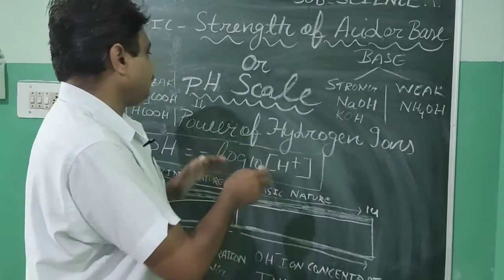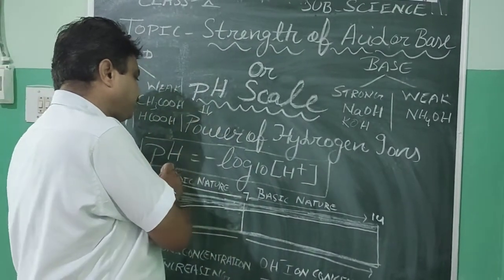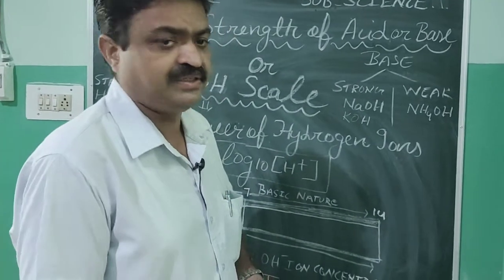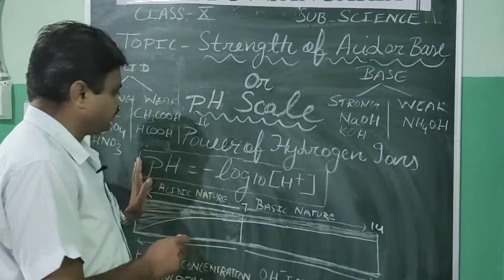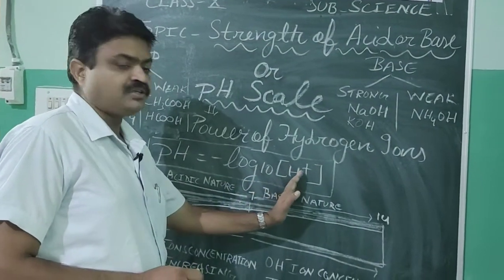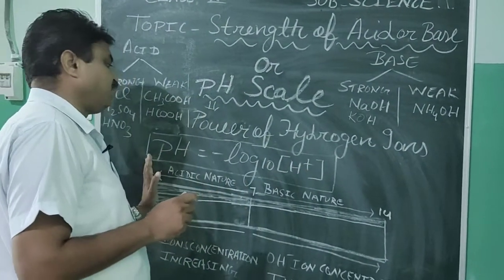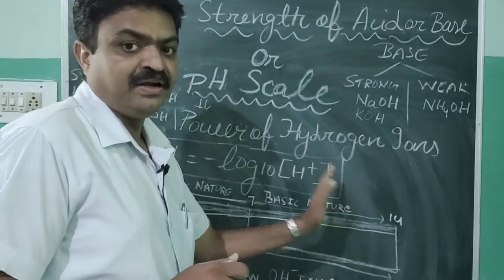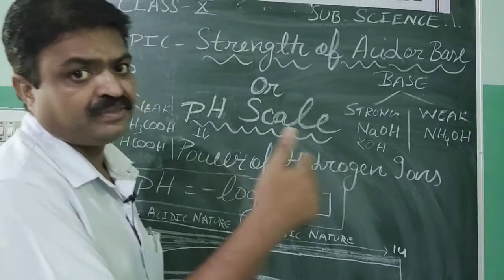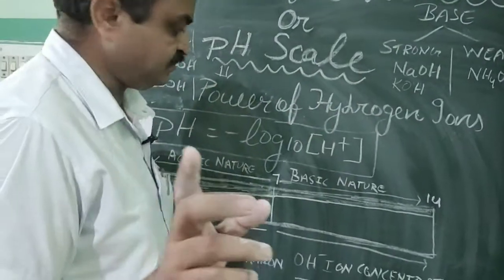And if we speak about its formula, that you will study in your senior classes, the formula of this is minus log10 of the hydrogen ion concentration. It is the formula of pH. And with the help of this formula, you can calculate the pH of a substance.